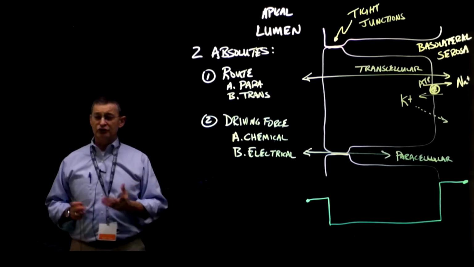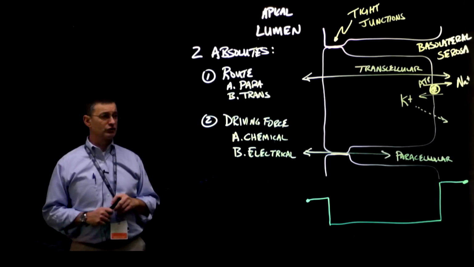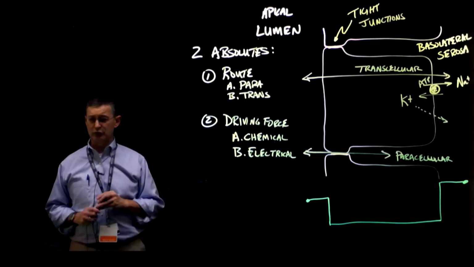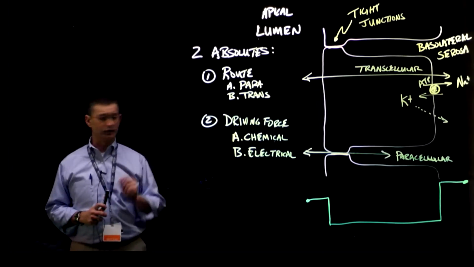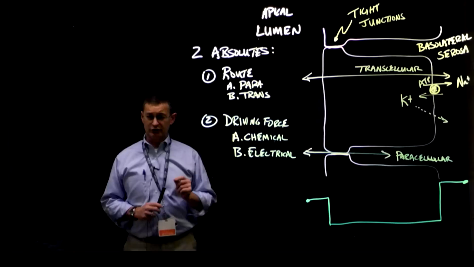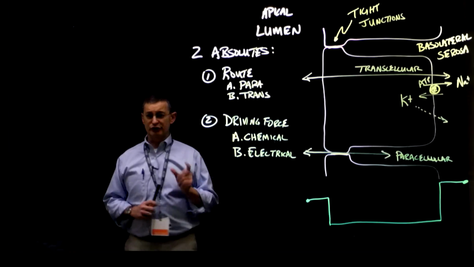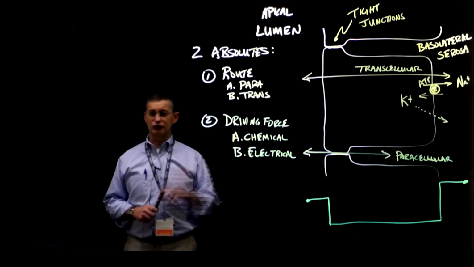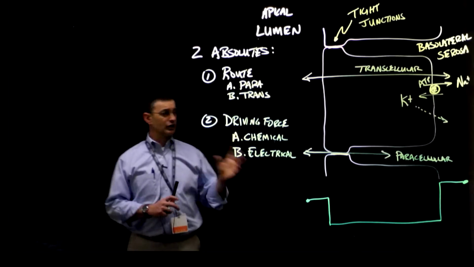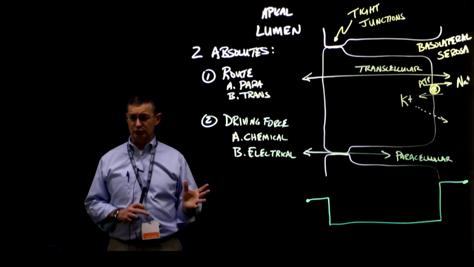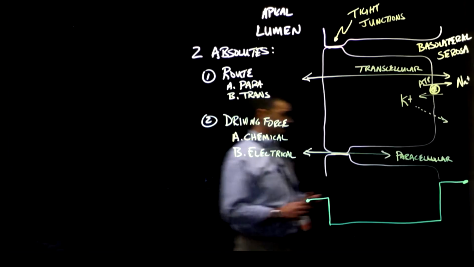So we're used to seeing symmetric cells, in which the membrane potential is essentially the same no matter what part of the cell you measure it in. For epithelial cells, there can be different membrane potentials across the apical membrane compared to across the basolateral membrane. Let me show you what I mean.